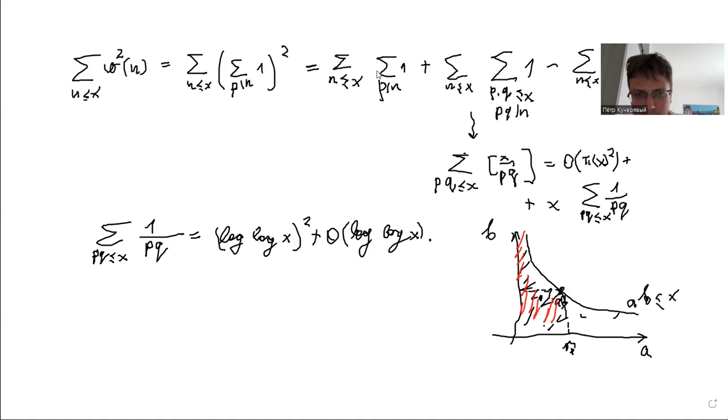After that, we double this sum, and because of the symmetry we get the sum over such an area. After that we should subtract the sum over this square. So this is essentially the idea of the Dirichlet hyperbola method.